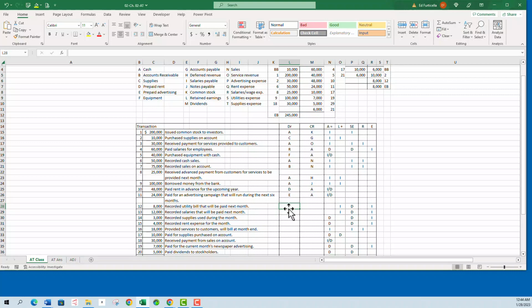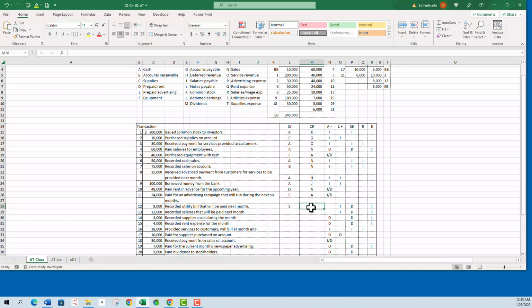Now, accounts payable is used because we're not paying our utility bill this month. If we were paying the utility bill at this time, we would use cash. But because we're not going to pay it until next month, we use accounts payable because we have a liability at that point in time. So we're going to debit S for utility expense, and we're going to credit G for accounts payable.